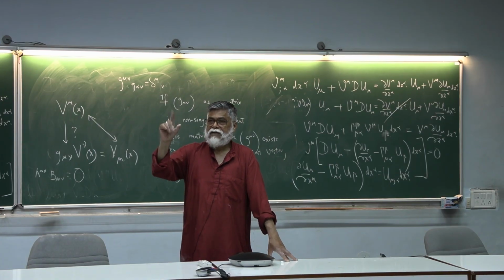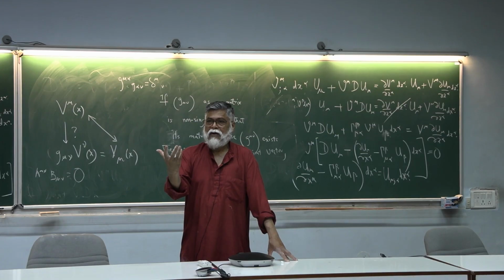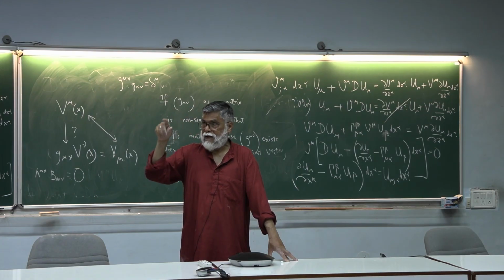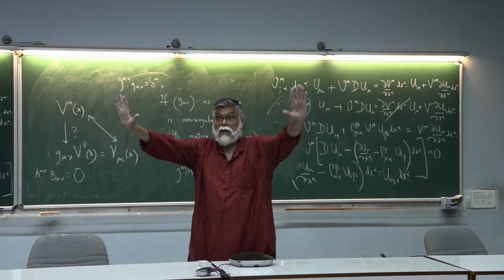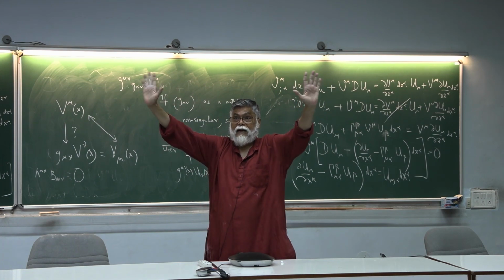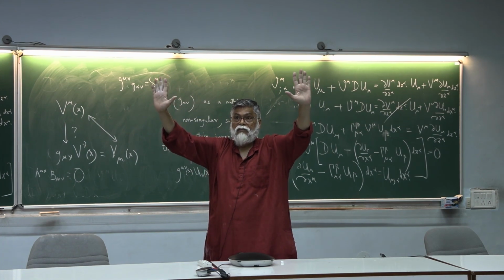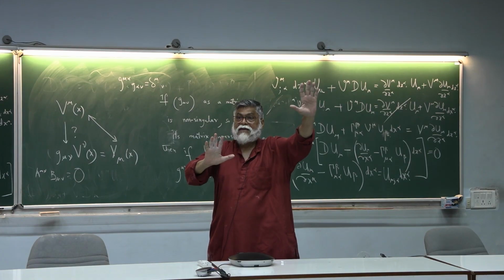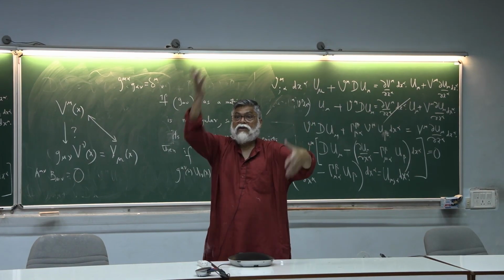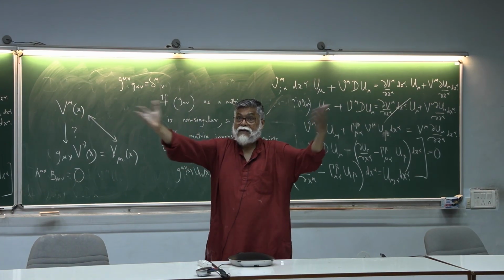So A is A mu dx mu, and the field tensor F mu nu is a two form, the Faraday two form F, which is F mu nu dx mu wedge dx nu. The one form vector potential and two form field strength, no matter which coordinate system you choose, are the same, they don't change.